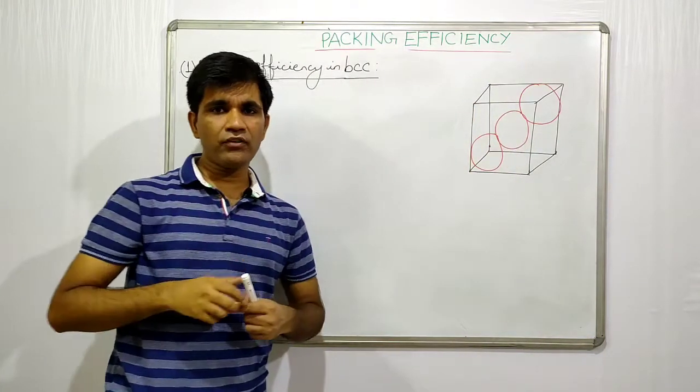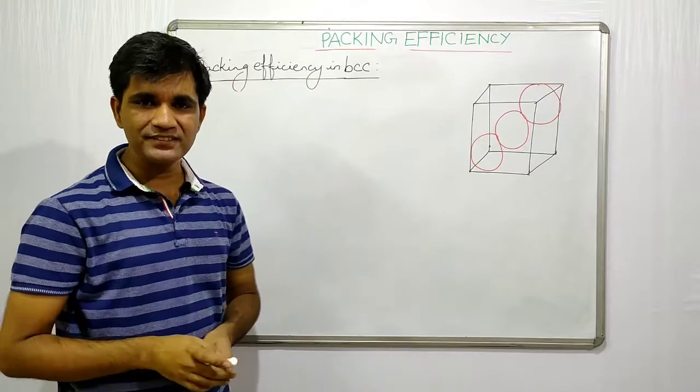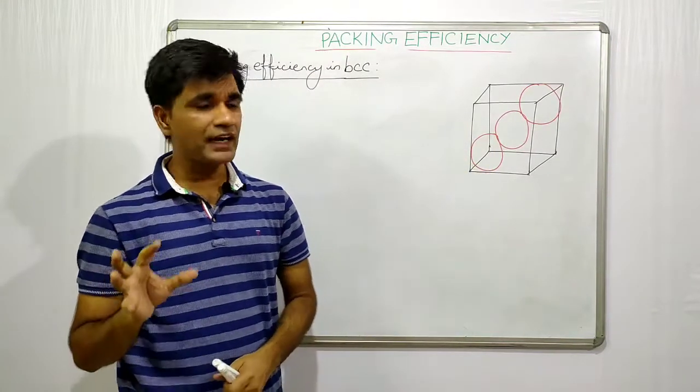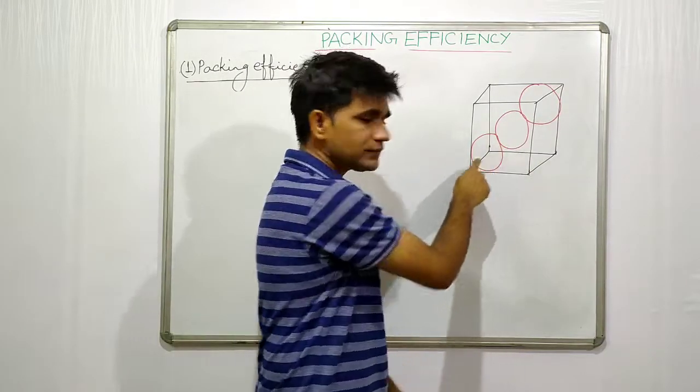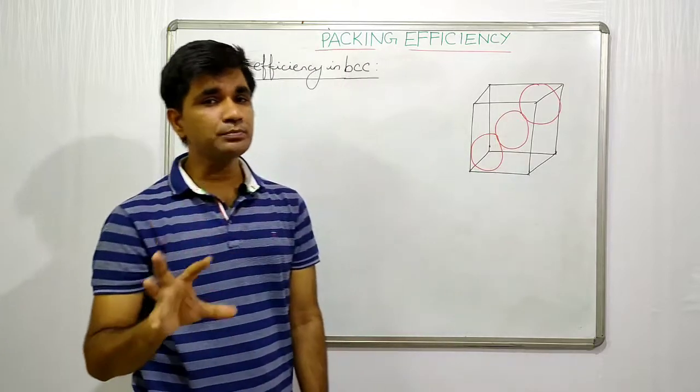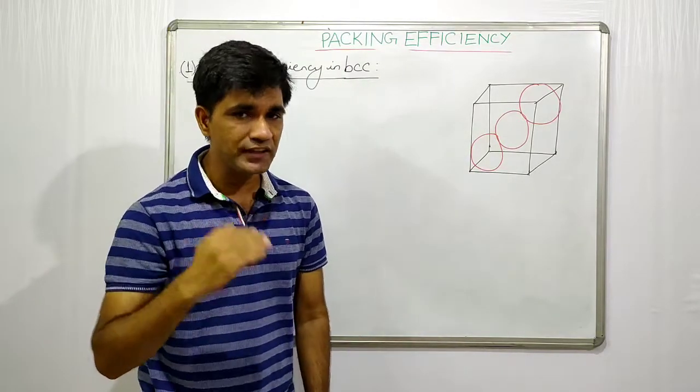This is the diagram of a unit cell of BCC, and you can see here in the diagram the constituent particles are present at the corners as well as at the body center, and these particles are in touch with each other.